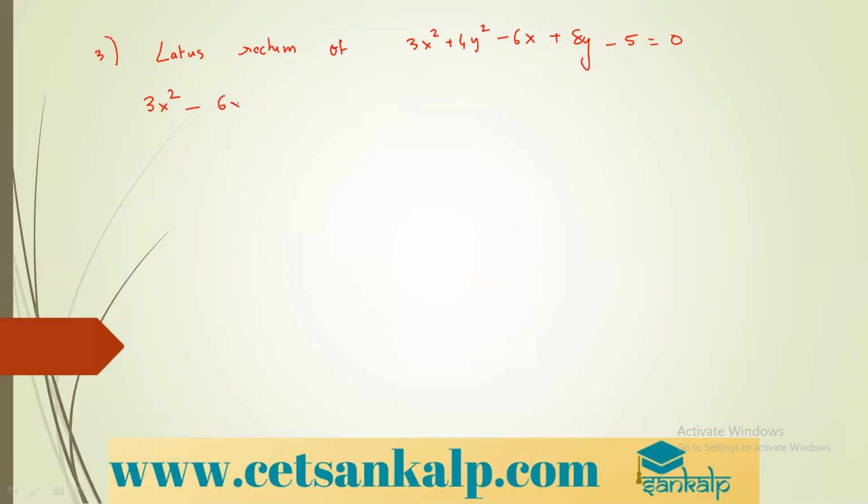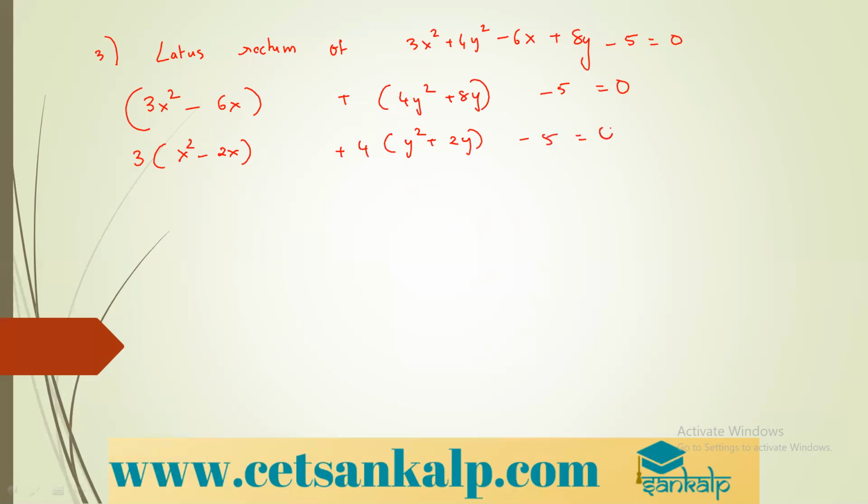I'll take 3x square minus 6x, pair them. I will take 4y square plus 8y, pair them. Then minus 5 equal to 0. Take 3 common, x square minus 2x. Take 4 common, y square plus 2y minus 5 equal to 0.